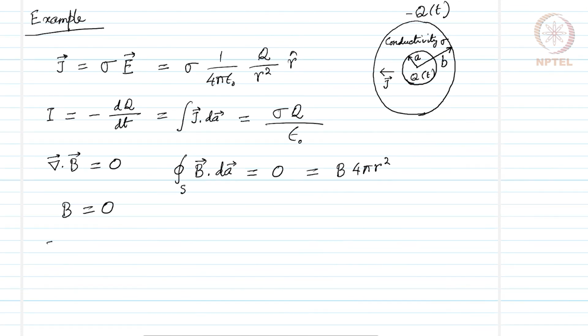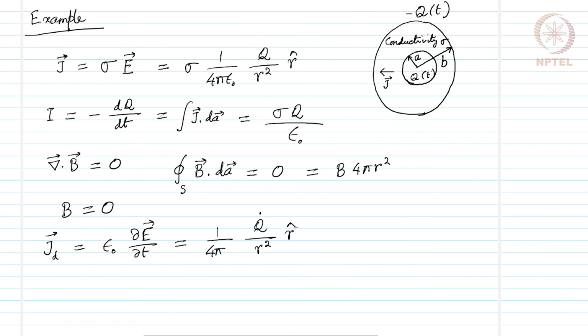How could that happen? That could happen because if we consider the displacement current, that is of the amount epsilon naught del E del t, which is nothing but 1 over 4 pi, and from the expression for the electric field we can write the time derivative of Q as Q dot over r squared r cap.